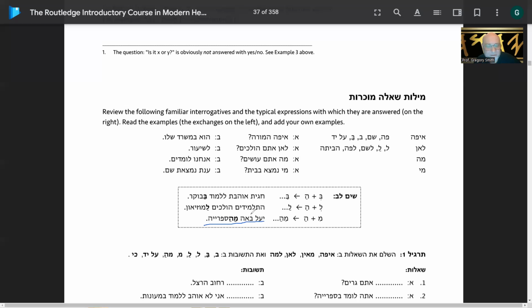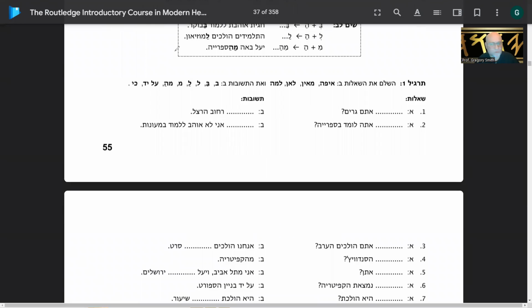Notice this hey, it almost merges into the aleph. יעל באה מהספרייה. Yeah, Yael ba'a mesifria, mehasifria. יעל באה מהספרייה. Mehasifria. And notice how slight it is when you say mehasifria. Okay, so we got that.